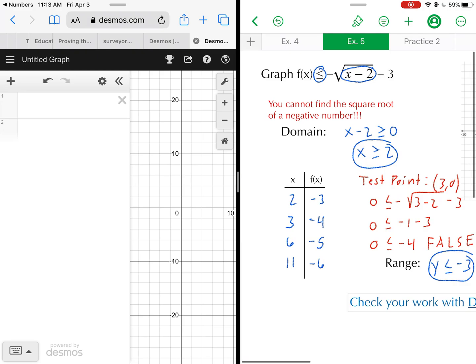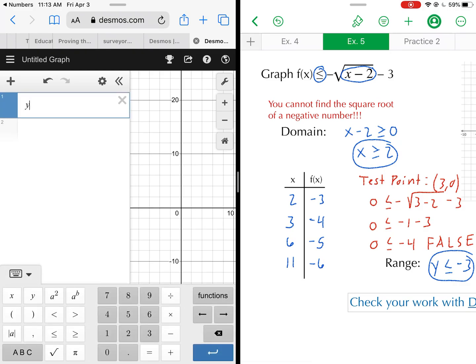All right, so the function, instead of f of x, I'll type in y less than or equal to the negative square root of x minus 2. Right arrow to get out of the radical, subtracted by 3.